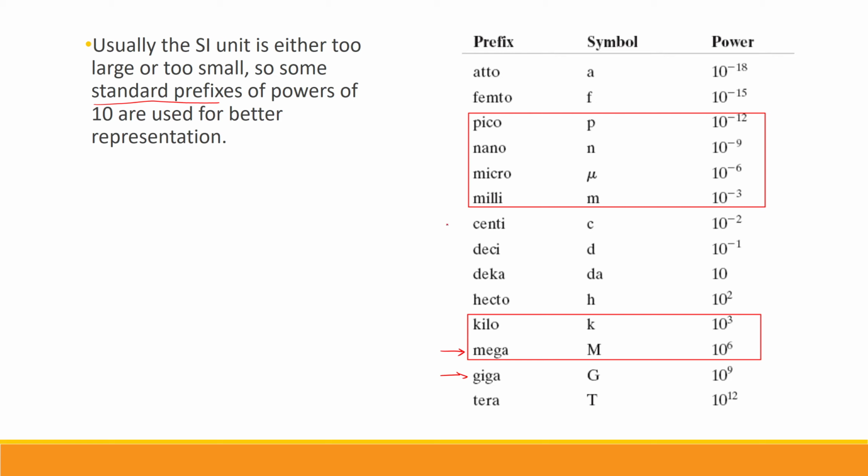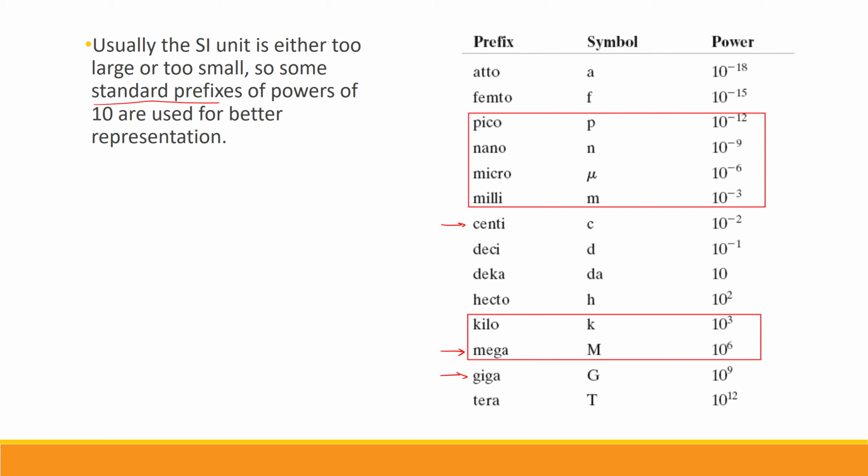Or if you ever use the tape measure, you probably have seen centi in centimeter, which is 10 to the power negative 2. So that is 100th of a meter. So the ones that I highlighted here are the most common ones, but all of them are very useful.